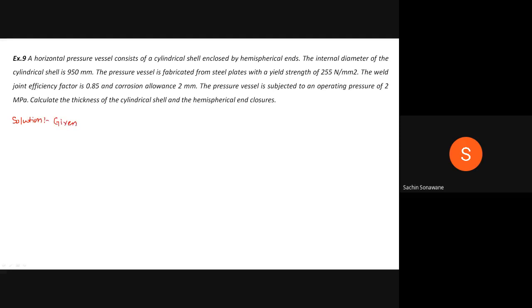Given: DI is equal to 950 mm, SYT is equal to 255 Newton per mm square, efficiency is equal to 0.85, corrosion allowance CA is 2 mm, then operating pressure is equal to 2 megapascal.